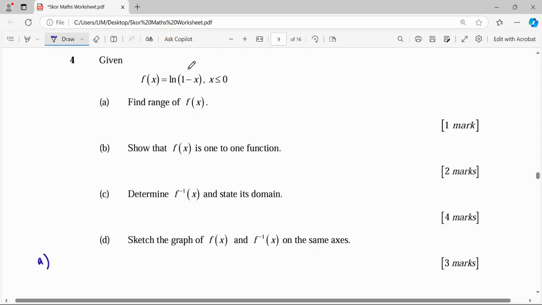So given that we have a log function, and then they write here x less than 0, so we try to see is this function a whole piece or just a condition case. As we know, the log, apa yang log bawah mesti besar daripada kosong.